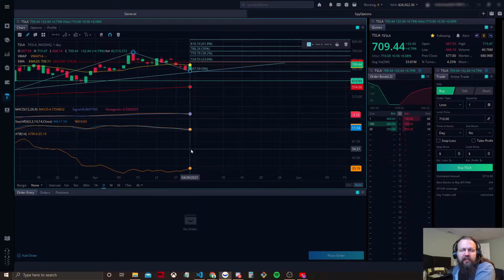You can see it trades about $30 a day. So if we want to get from 700 to 730, it might need a full day or two to break above that, especially since it is a resistance level.